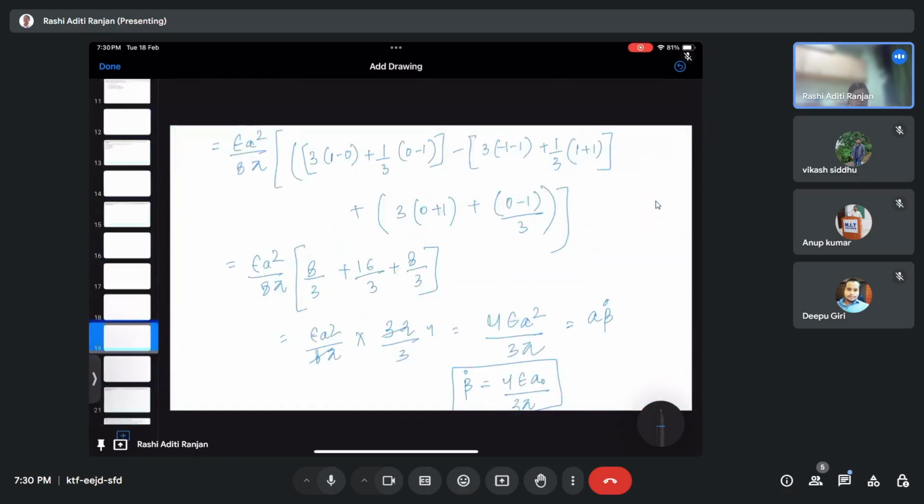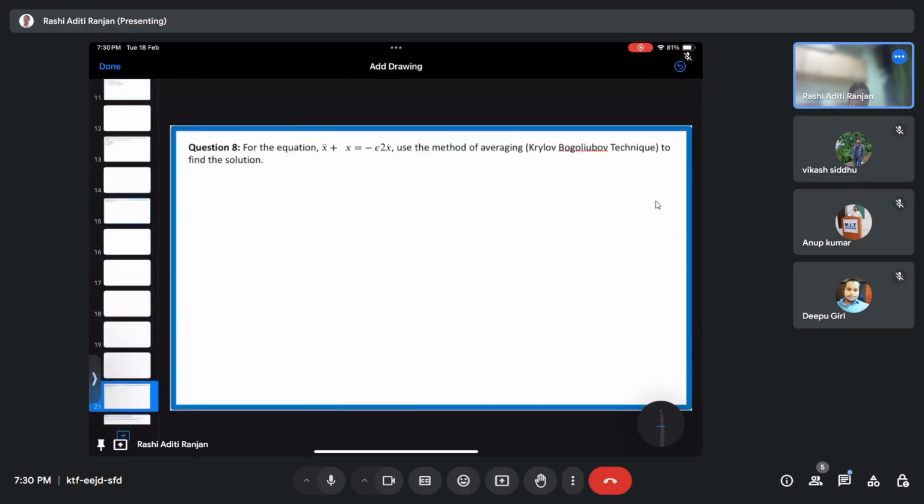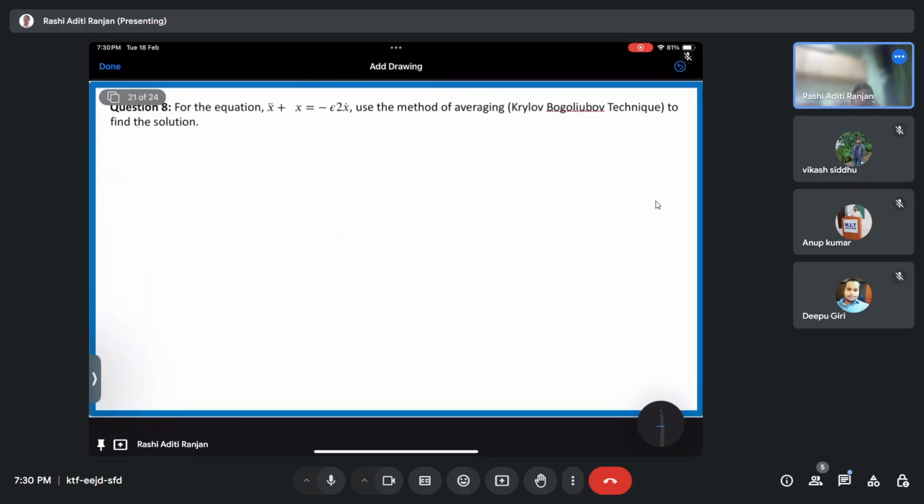Okay, so yeah, coming on to question number 8. Same equation we have to choose, and we have to solve it for this equation. Okay, so for this, what do I do? Again, we use the same concept.